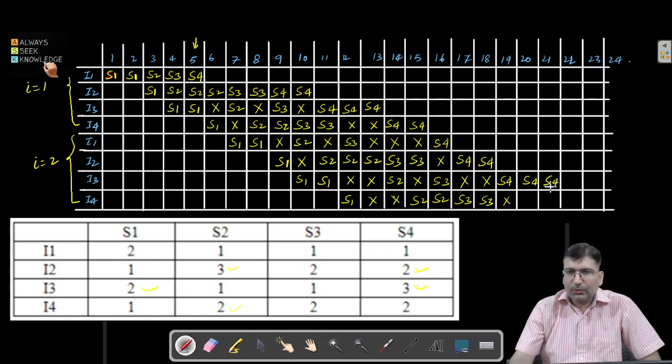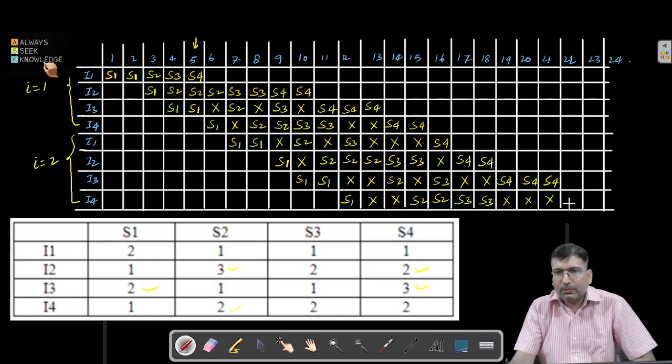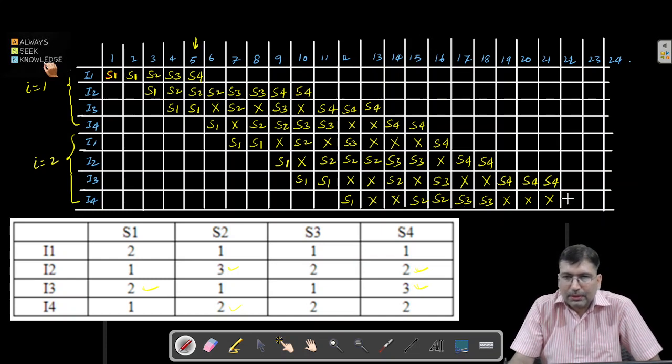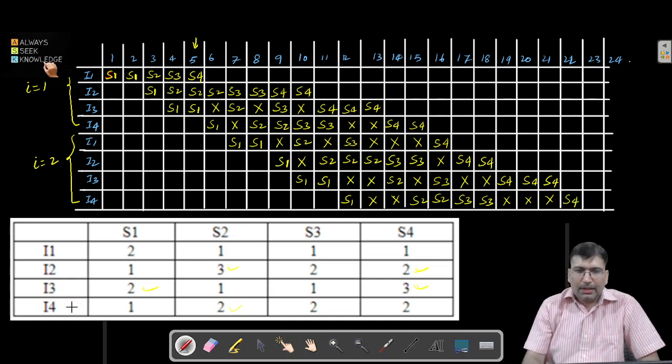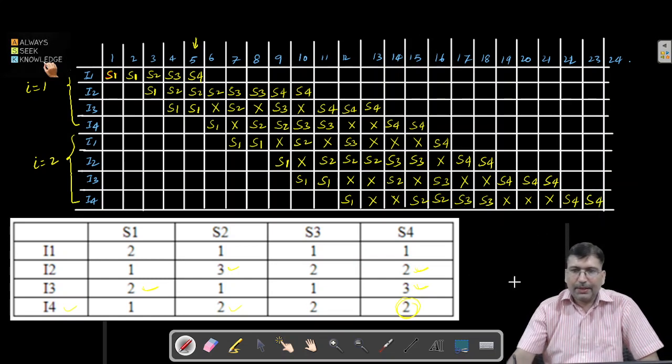So this will be ended by cycle 21. Till then, I4 was waiting. Once it is ended, I4 will be shifted to stage 4. And I4 in stage 4 requires 2 machine cycles, so it will consume 1 more machine cycle and then it will be ended.